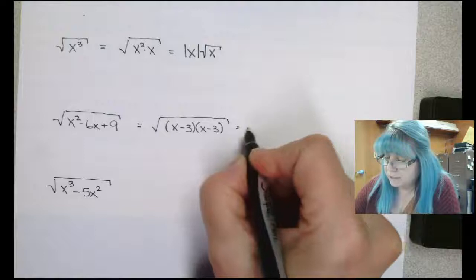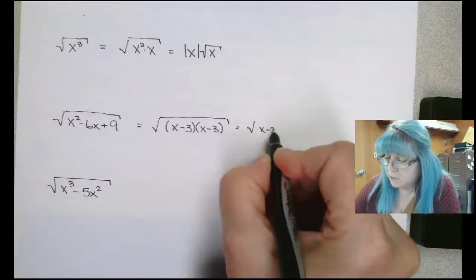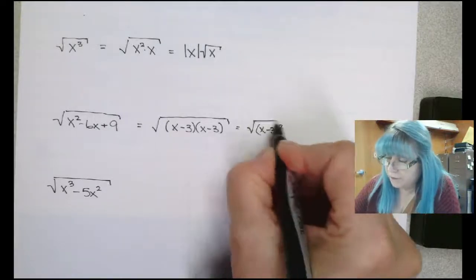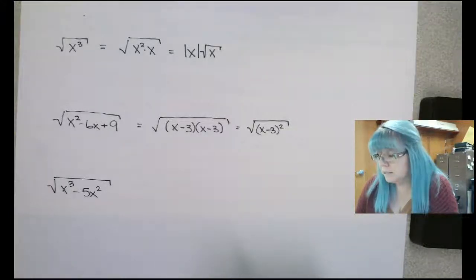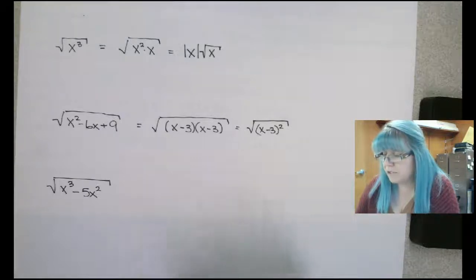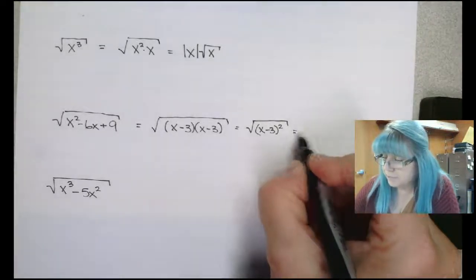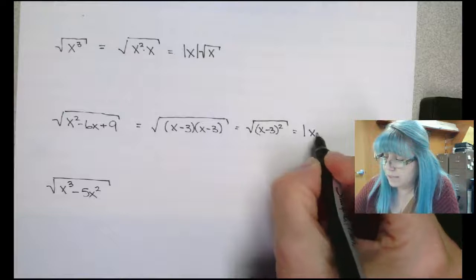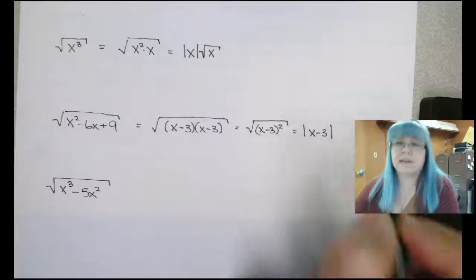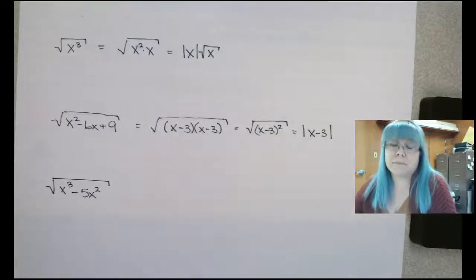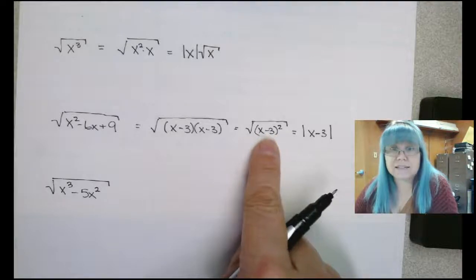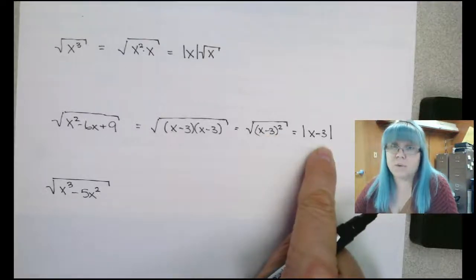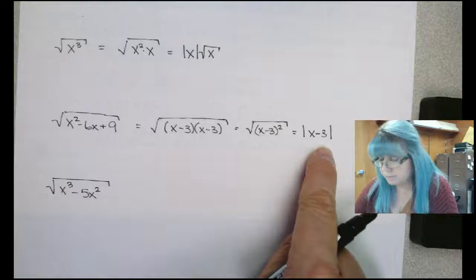In other words, that's going to be x minus 3 squared, and we can certainly simplify the square root of x minus 3 squared as the absolute value of x minus 3, right? And why is the 3 involved there? Because it went along with the x. So the whole thing has to go in the absolute value markers.